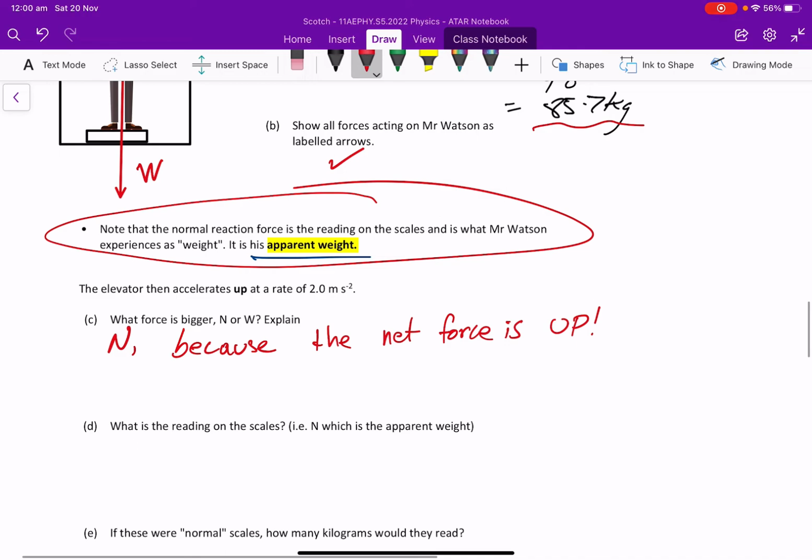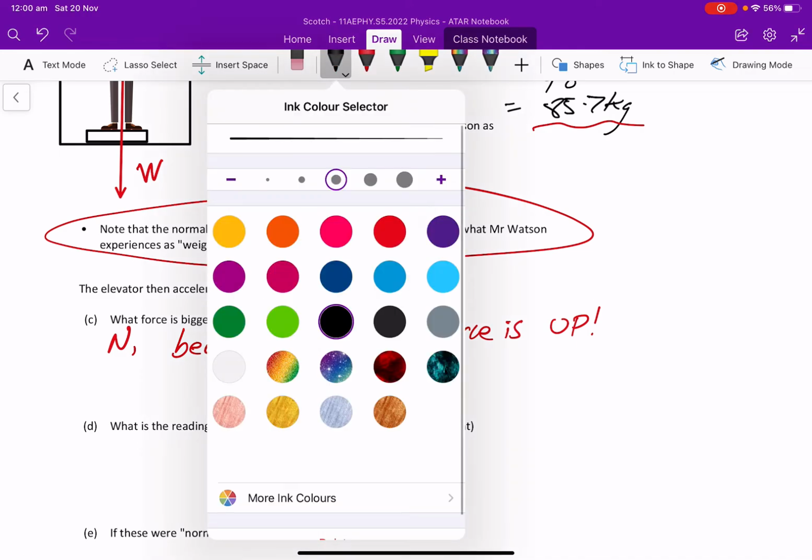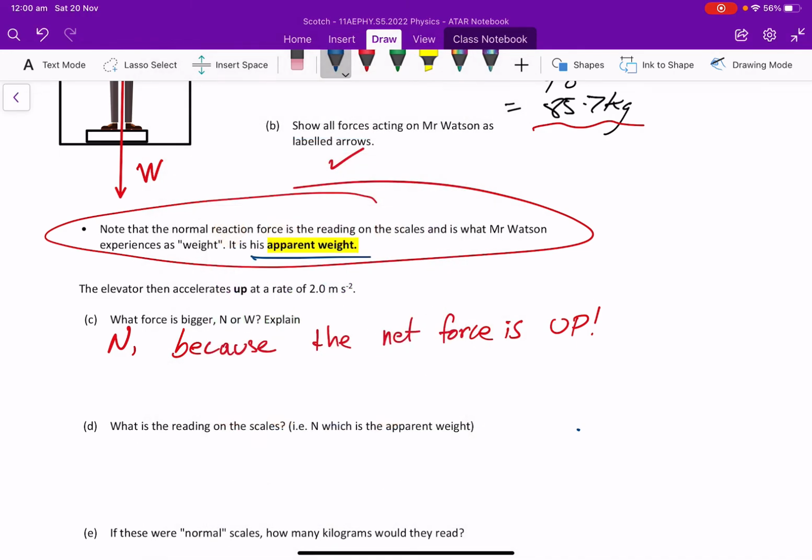Well, what do we know about Newton's second law? We know a lot. We know the sum of the forces is always equal to ma, i.e. the big force take away the small force is equal to ma. So in this case, the force up, the normal reaction force, take the weight, which I'll call mg now, is equal to ma.